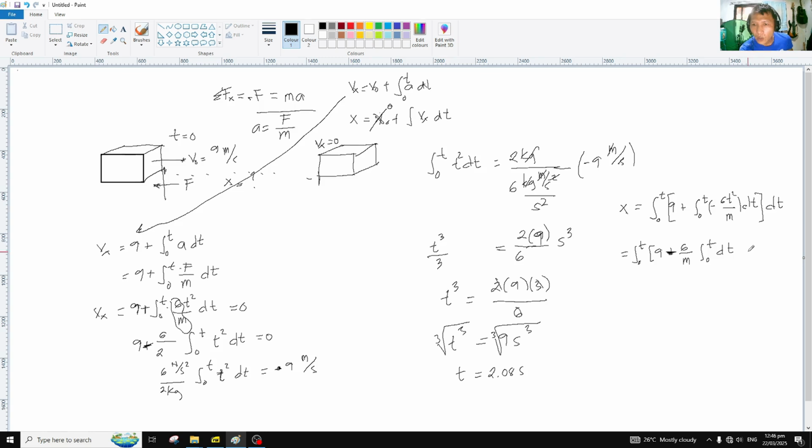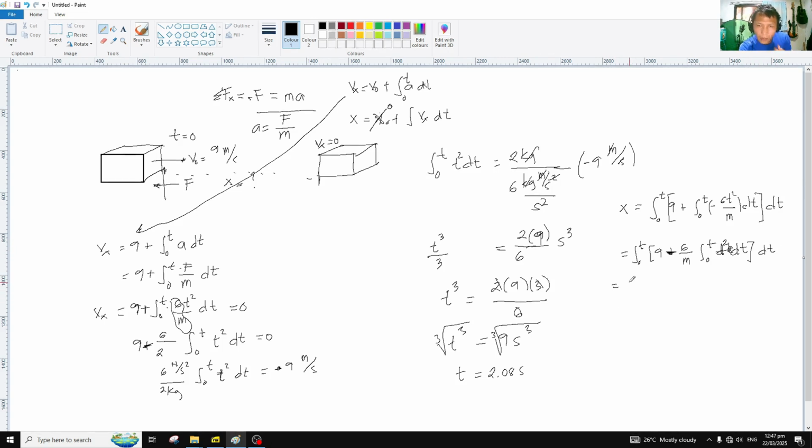So it's a double integral. So 6 dt, t squared, sorry. That would be t squared, and then this will be dt. And then another dt on the outer side.